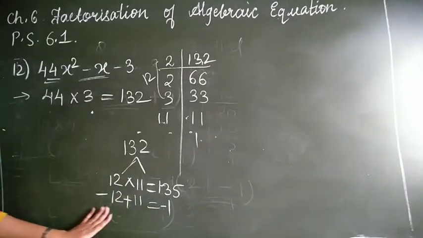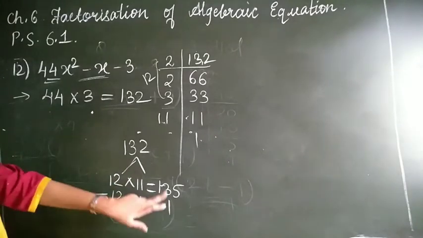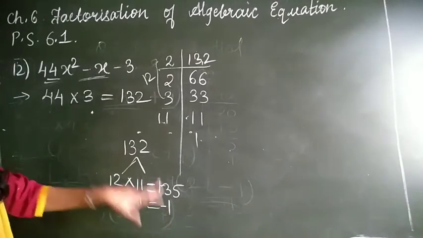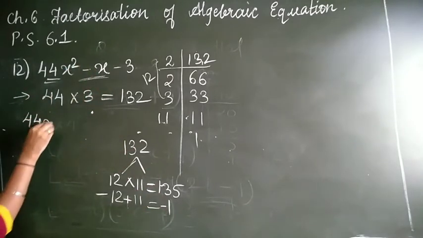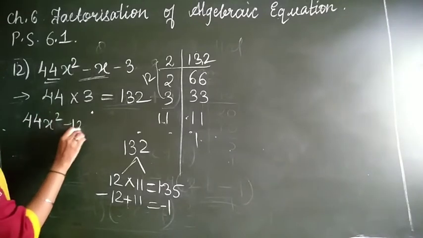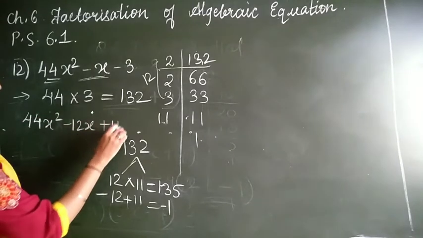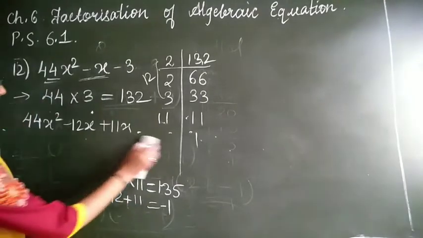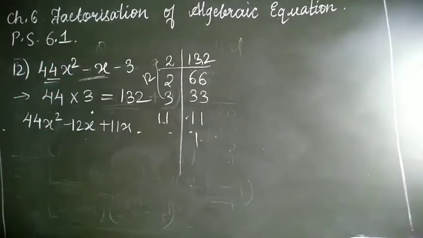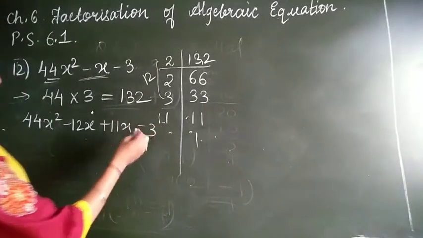So now we will substitute these factors in the term of x, means 1x in the middle term. So 44x square minus 12x plus 11x minus 3.